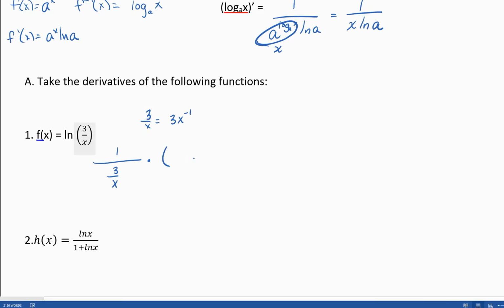So when we multiply by the derivative, we'd have negative 3x to the negative 2. Now simplifying this, 1 over 3 over x would be like dividing by 3 over x, which is multiplying by the reciprocal, x over 3, times negative 3 over x squared. So this actually simplifies to negative 1 over x.